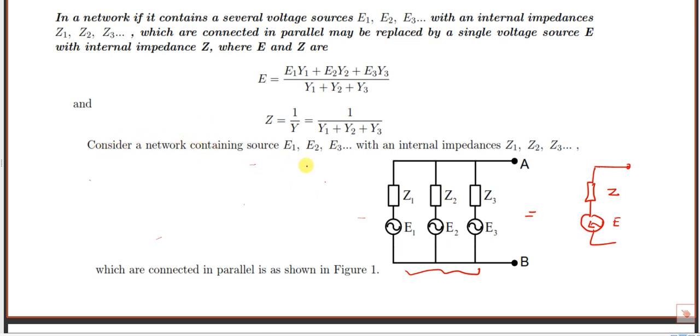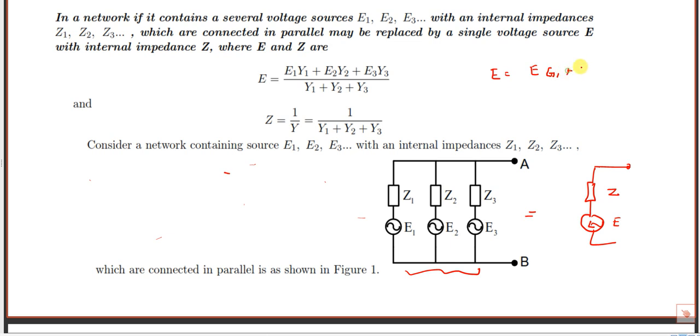We got two expressions. The resultant E is given by E1 Y1, E2 Y2, E3 Y3. We can also write in terms of resistance. Y1 actually, for impedance, the reciprocal is admittance. For resistance, the reciprocal is conductance.